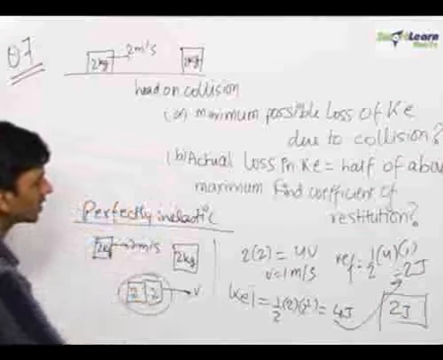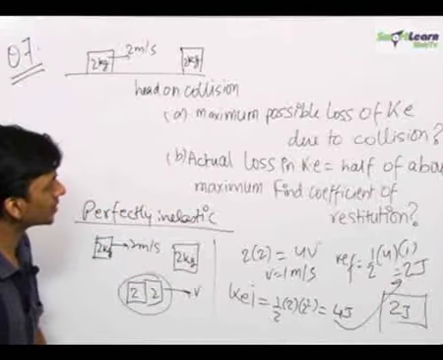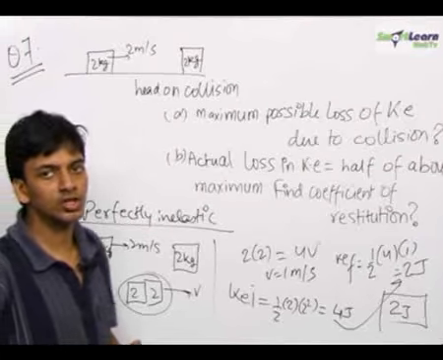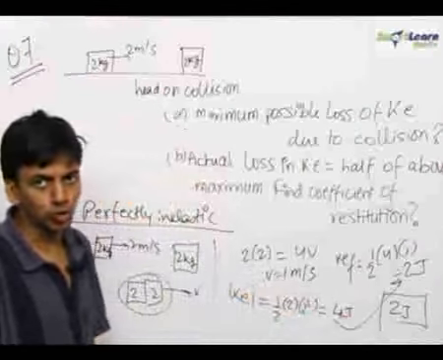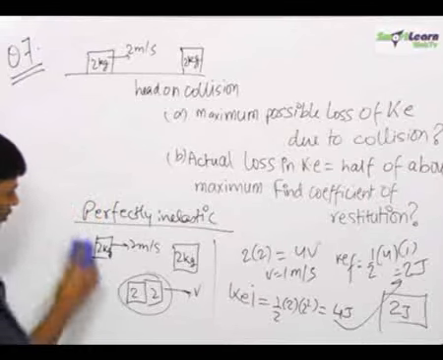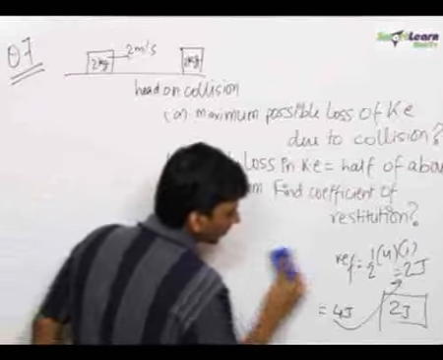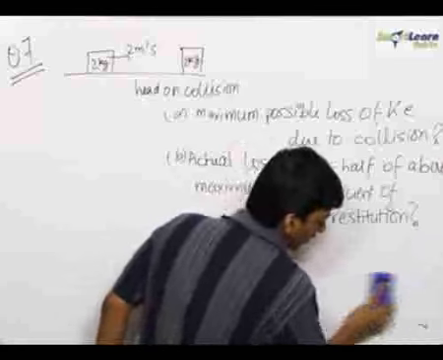So this is our final answer for the first part, the maximum possible loss of kinetic energy. It occurs in the case of perfectly inelastic collision, and that is equal to 2 joules.